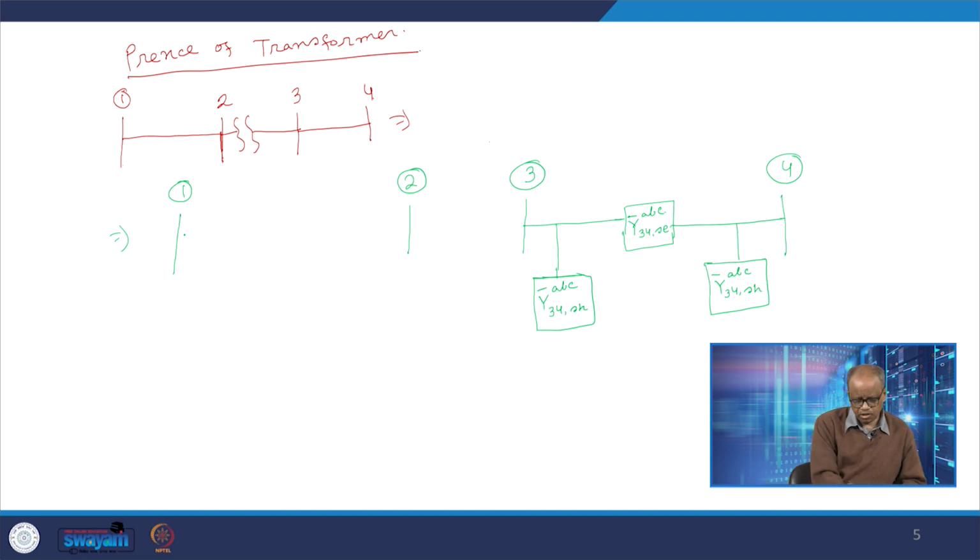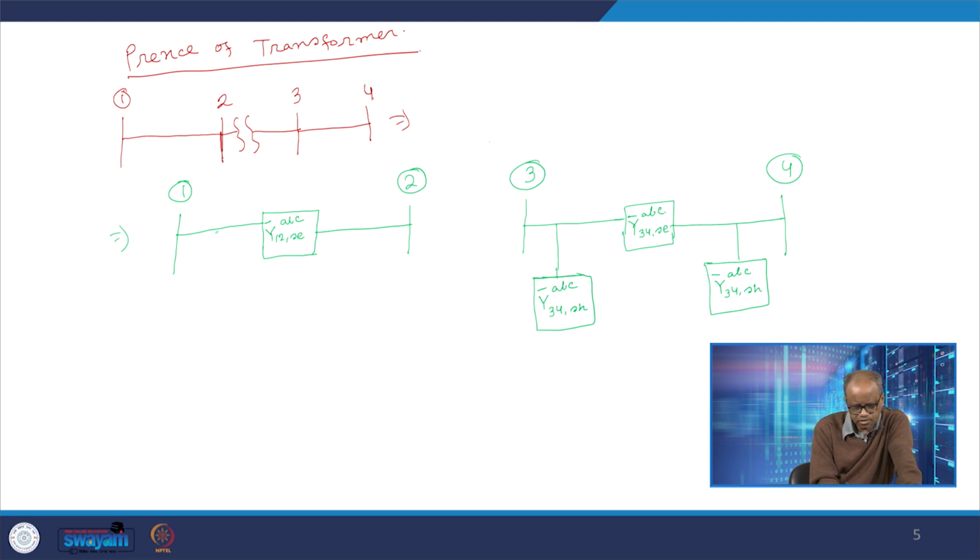So similarly, bus 1 and bus 2, so it would be Y12 AC ABC. Please note all these matrices are complex, so no big deal.